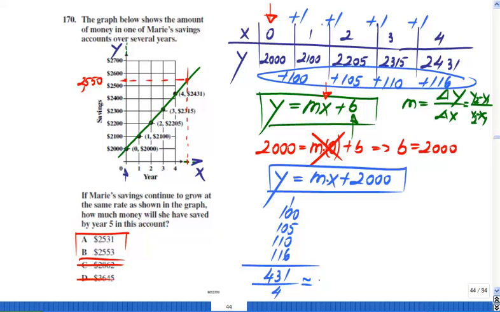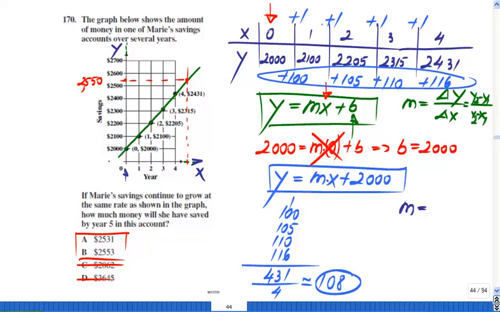And we get approximately what? 4 goes in 4 once. 4 goes in 3 zero times. But in 31 goes approximately 8 times. Okay, I'm going to use 108.